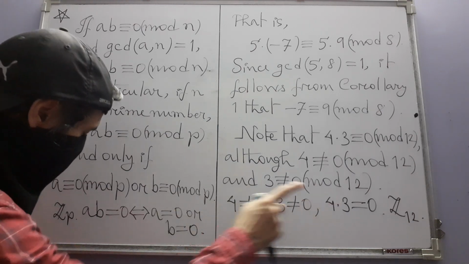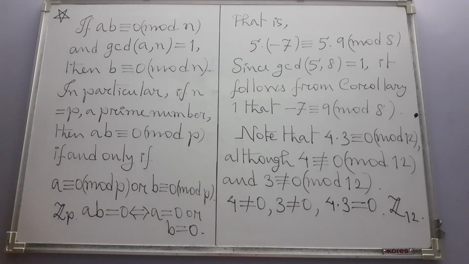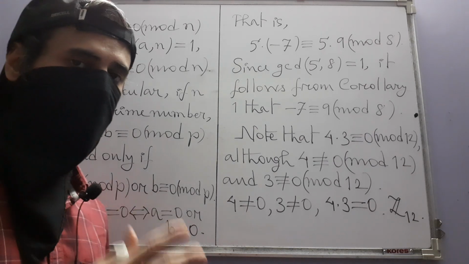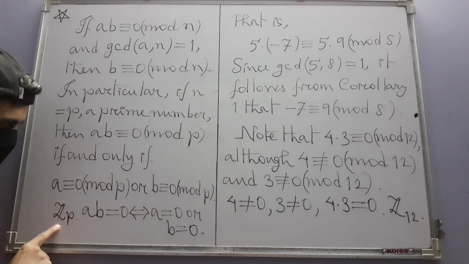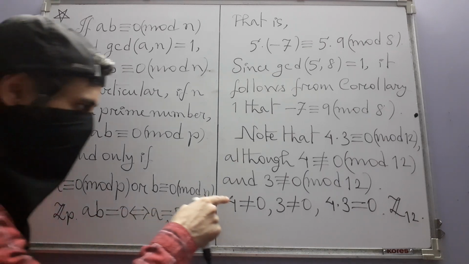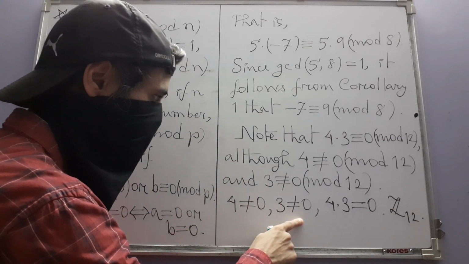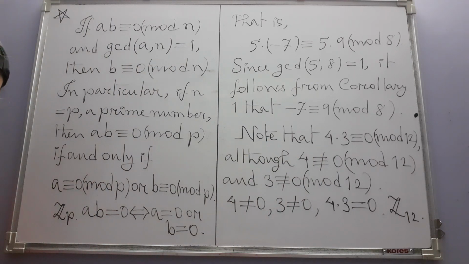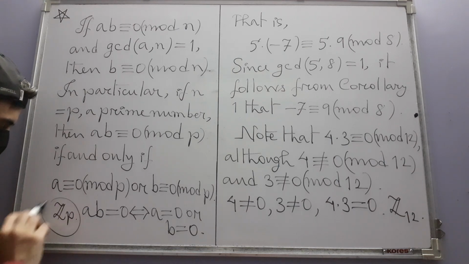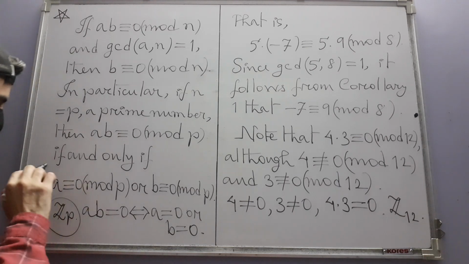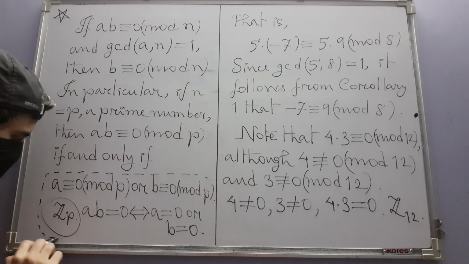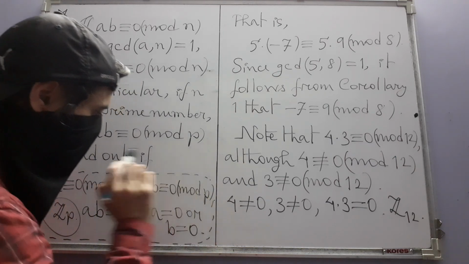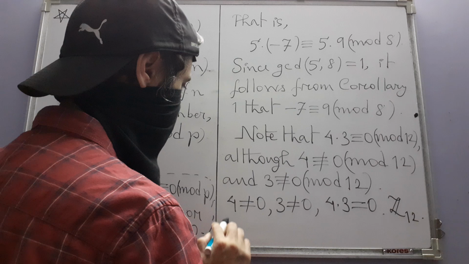So unlike that ring, this ring behaves like how ordinary integers or real numbers behave. In this ring, you cannot have non-zero elements whose product is 0. Okay, this is in fact a field. But these remarks, of course, if you are unfamiliar with this part of algebra, just ignore them.